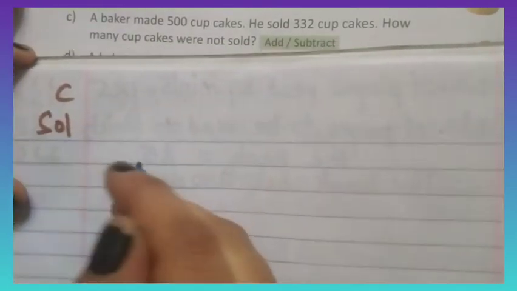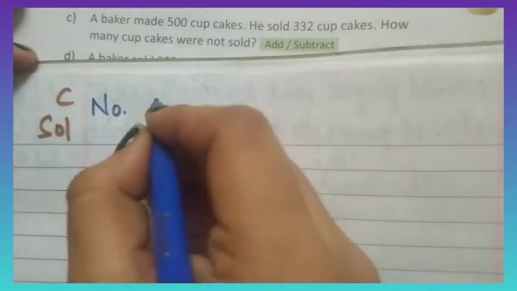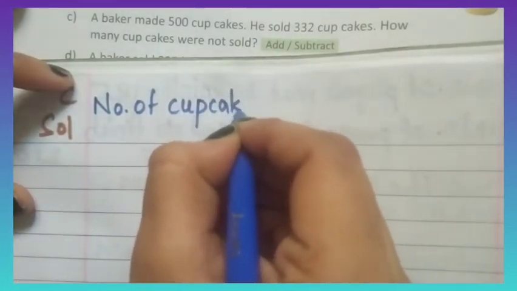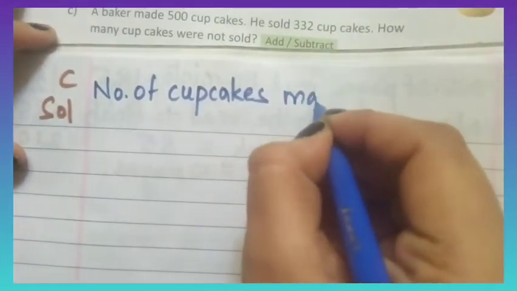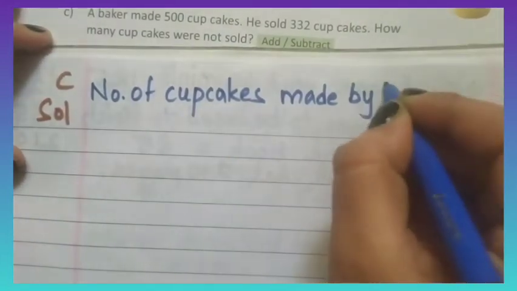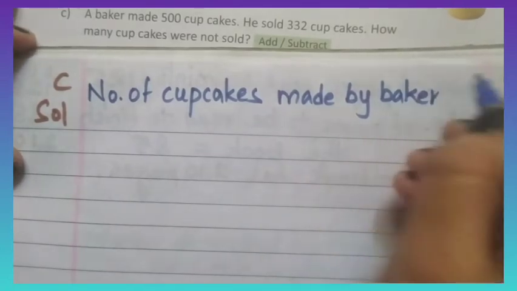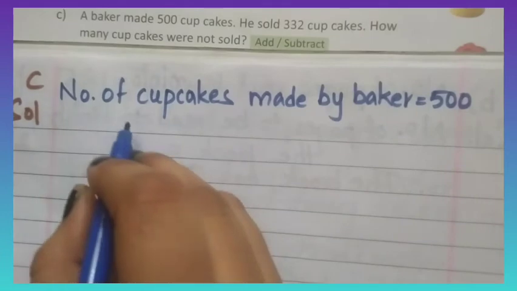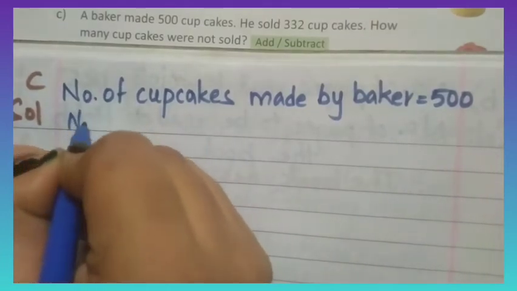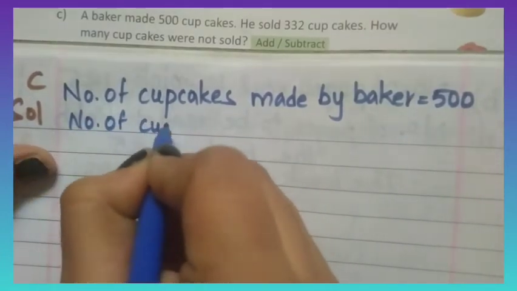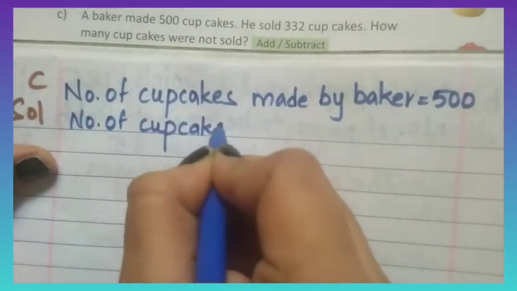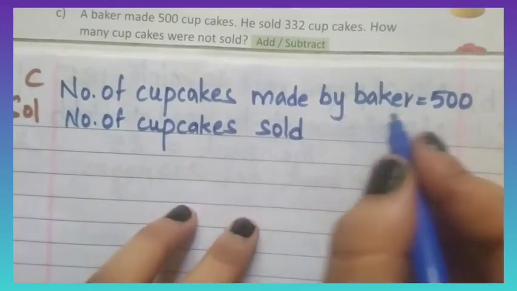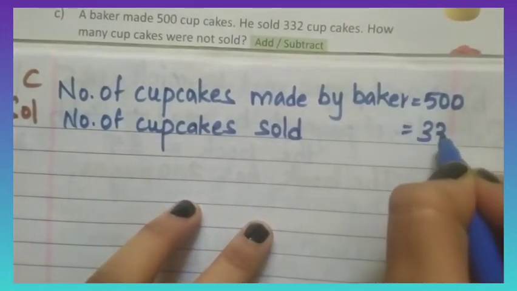Number of cupcakes made by baker. How many cupcakes he made? Yes, 500. From that, number of cupcakes sold. How many cupcakes he sold? 332.